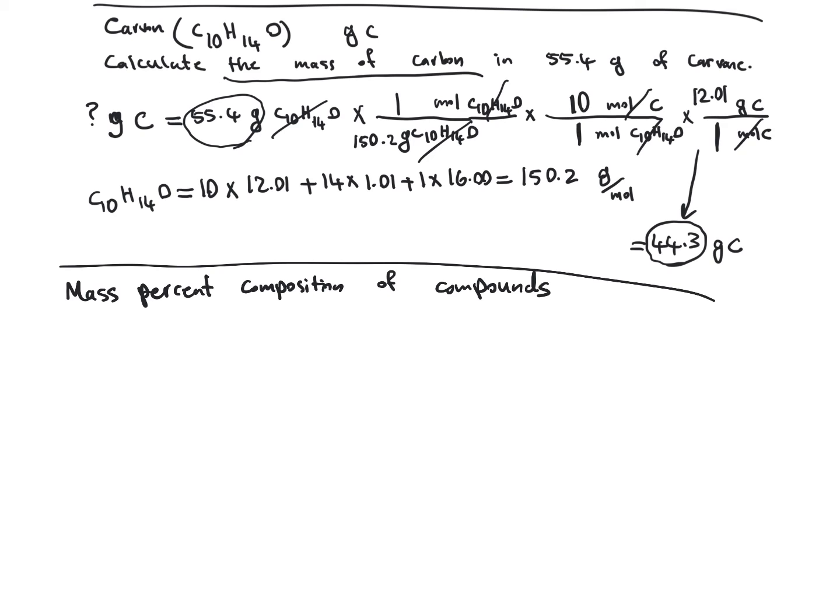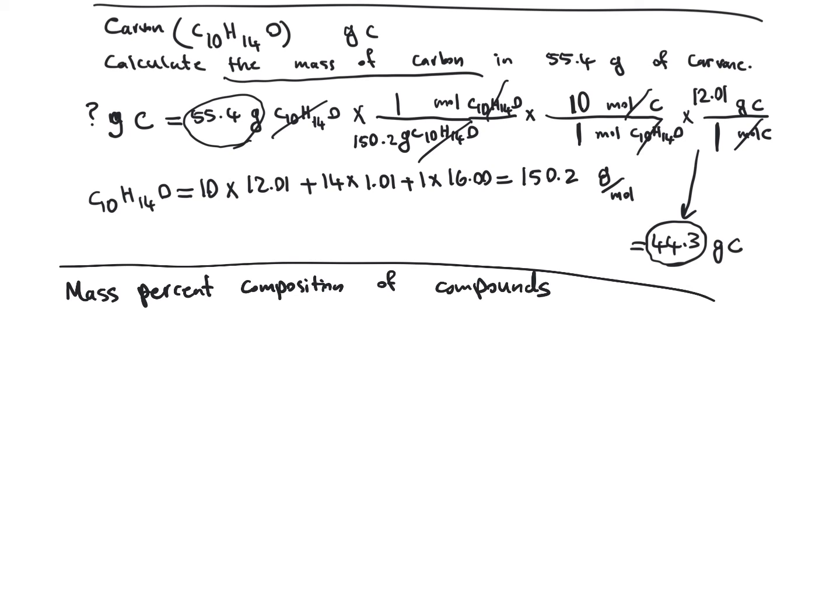So basically, if you have, for instance, in the NaCl example that we gave, the mass of a constituent element, such as sodium, divide that by the mass of the compound and multiply that by 100, you have the mass percent of that specific element in the compound.